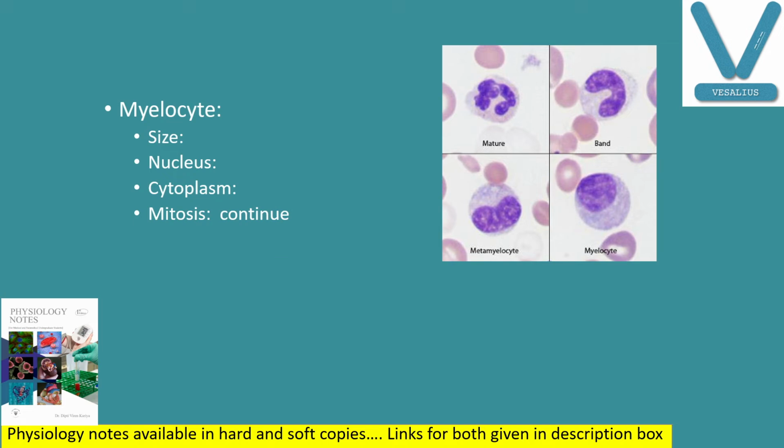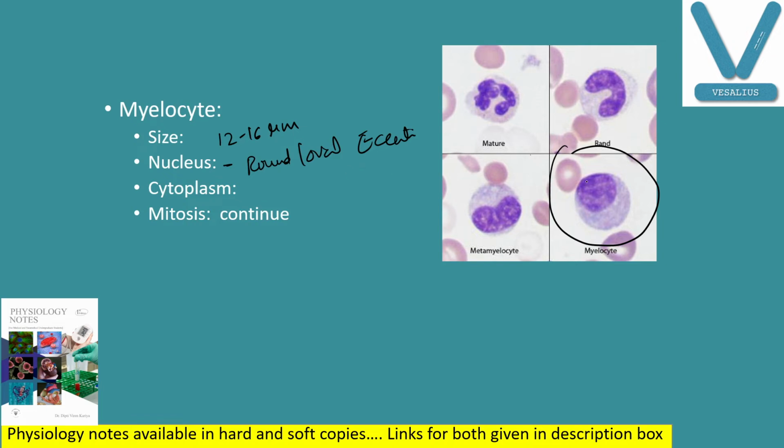Next stage is myelocyte. Size again decreases, 12 to 16 micrometer. You can see here, this one is the myelocyte. Nucleus is eccentric, in the corner, not in the center, round to oval in shape, and it has coarse nuclear chromatin.